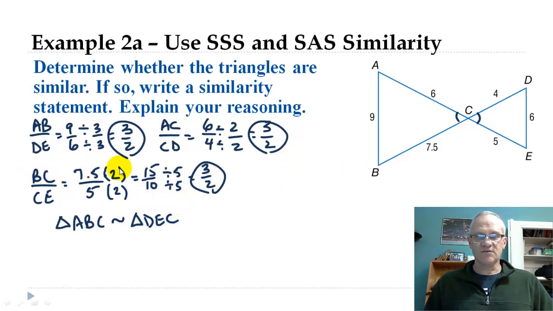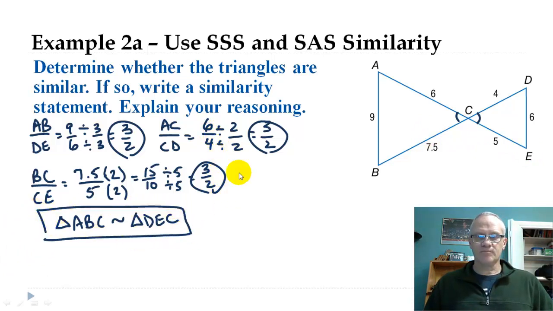So if I go ABC, then I have to go DEC, because AB matches up with DE, and then BC matched up with CE, and then AC matched up with CD. So I have to go in that order. Does that kind of make sense? All right, so there's my similarity statement.